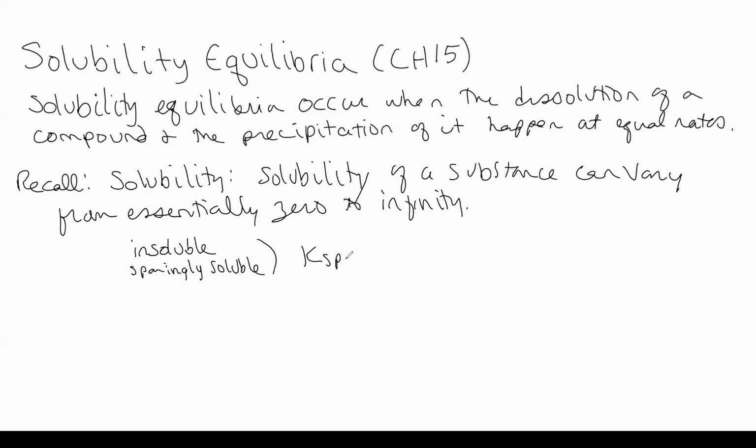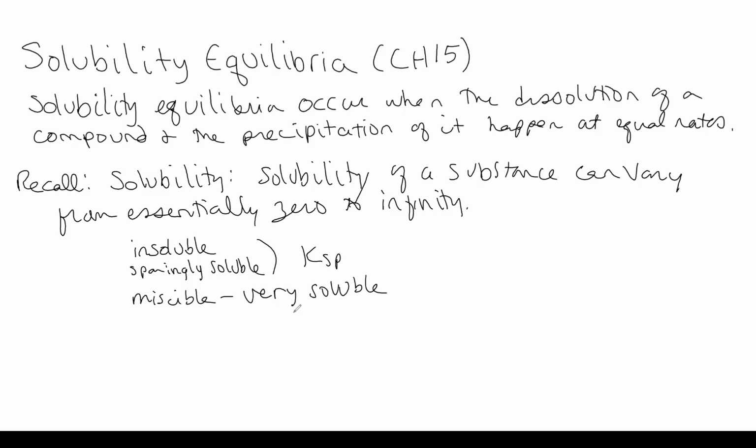These insoluble or sparingly soluble compounds are going to have a KSP attached that we can use to determine just how much does dissolve. Now miscible says that the compound is very soluble. Often we're not going to use a KSP with those types of problems because the KSP would be very large.